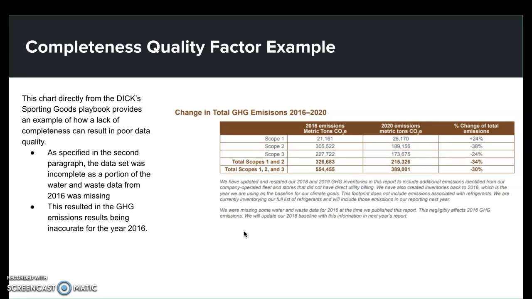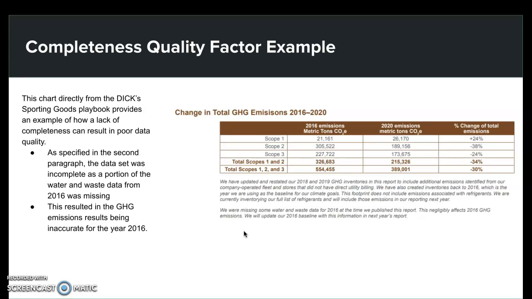For the completeness quality factor example, as we can see, this chart directly from the Dick's Sporting Goods playbook provides an example of how a lack of completeness can result in poor data quality. As specified in the second paragraph, the data set was incomplete as a portion of the water and waste data from 2016 was missing.